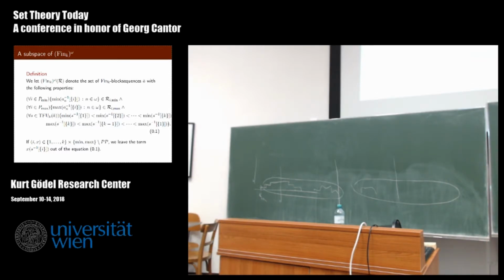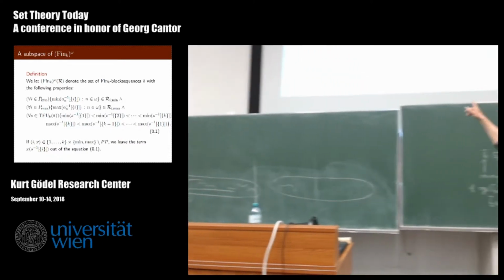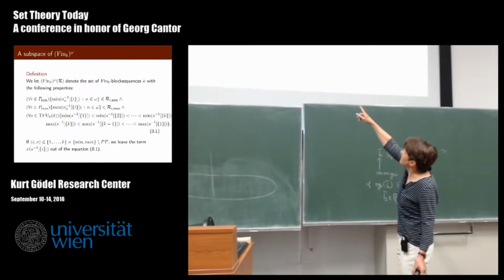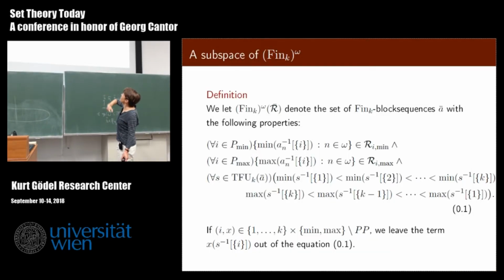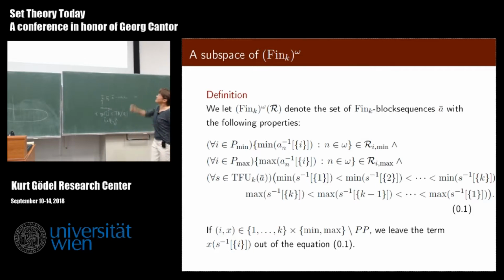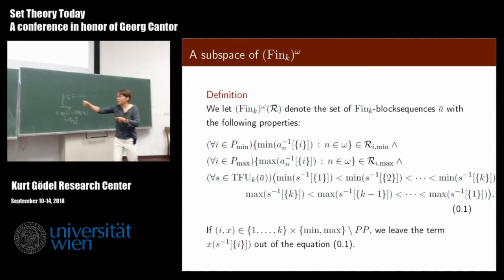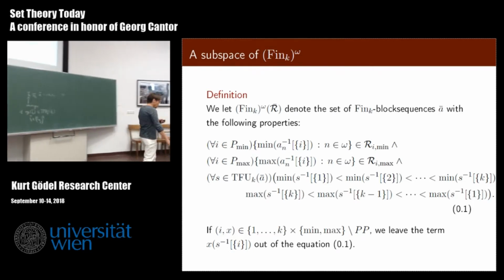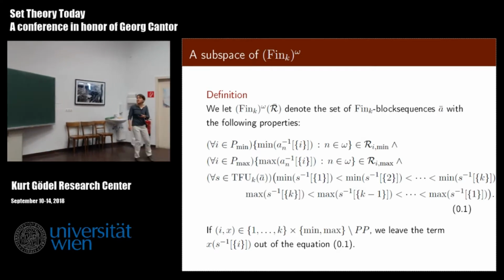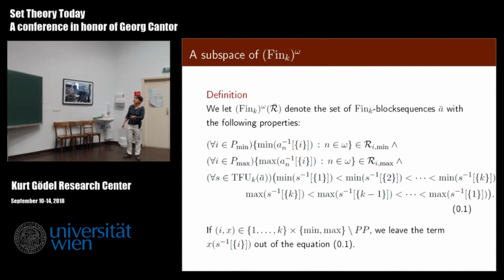It's in the ultrafilter. And the same for the other values. So the value is always I here, and I was very picky. I take pre-images of singletons and then a minimum or the maximum, and the n runs over all the blocks in the sequence. This gives infinite sets, and the two infinite sets here shall be in the respective ultrafilter.